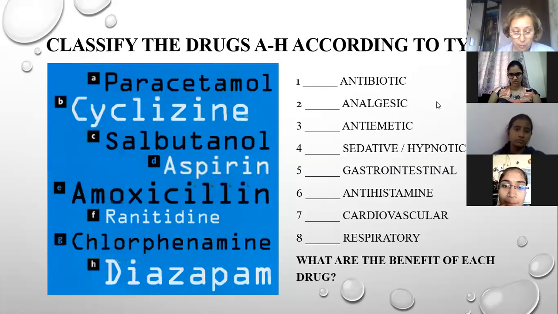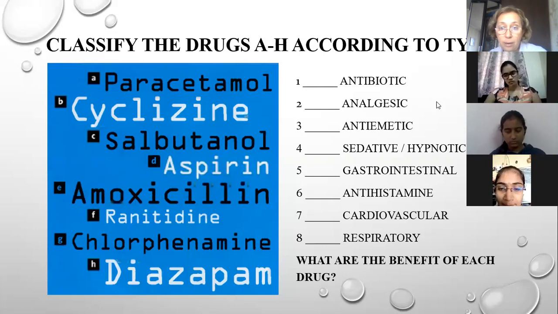So they are paracetamol, cyclizine, salbutamol, aspirin, amoxicillin, ranitidine, chlorpheniramine, and diazepam. And the types are antibiotic, analgesic, antiemetic, sedative or hypnotic, gastrointestinal, amphetamine, antihistamine, cardiovascular, and respiratory.